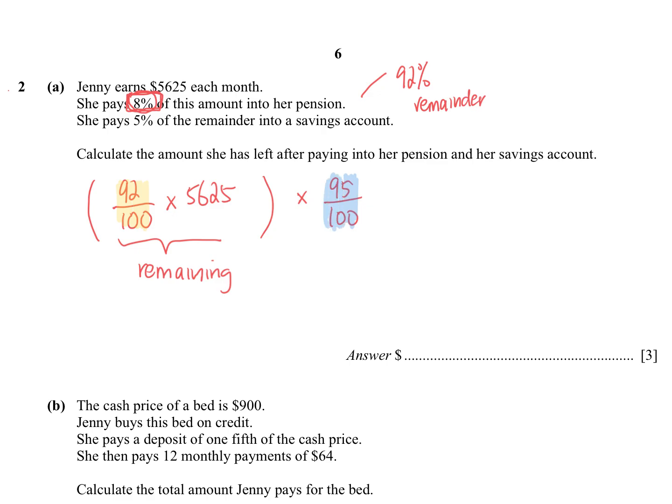So just press this into the calculator directly. You will get 4916.25. So this is the answer already. So 1 mark for finding this 92%. 1 mark for finding this 95%. Then your answer. Although some of you went to find the 5%, then go and minus. Also okay, but in 2 steps.